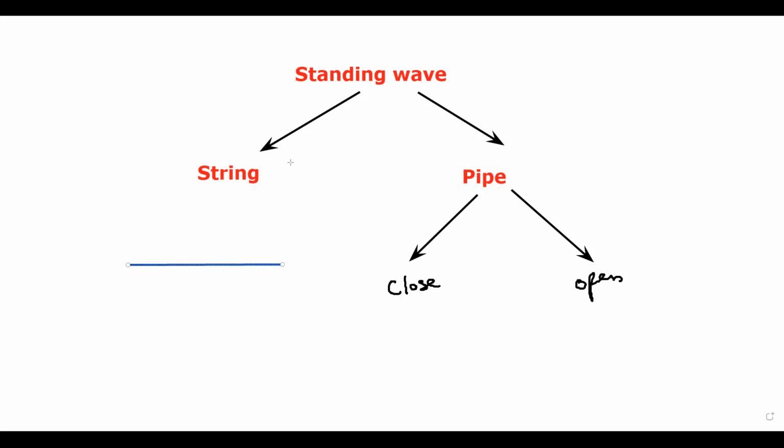When you disturb from the center, it can produce different patterns. When you exactly disturb from the center, what happens? The disturbance you produce here will travel in opposite directions, but as they strike the ends, they will bounce back.